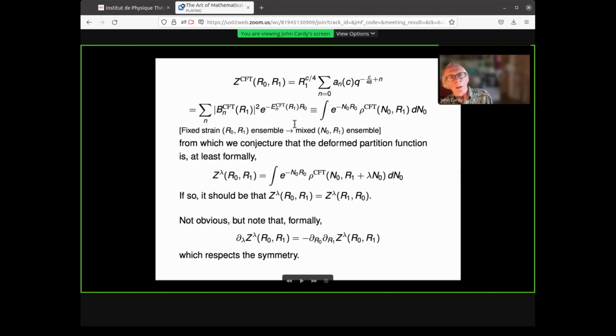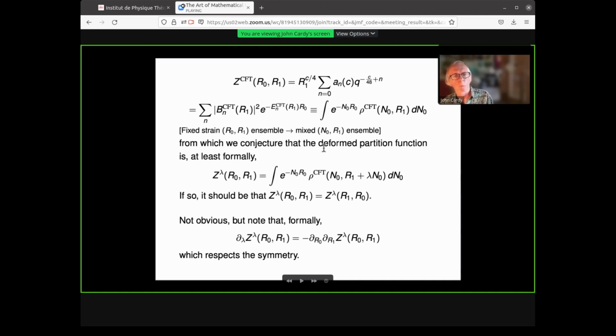If we were thinking about R0 as being a temperature-like direction, we would be going from the canonical ensemble to the micro-canonical ensemble here. Anyway, that's an aside from what I've already said.